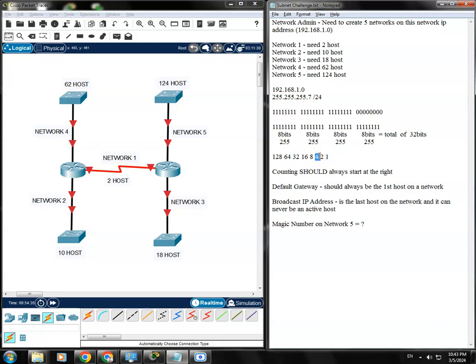So we need to use these numbers because 4 plus 2 plus 1 equals 7. So in the binary, this 1, 2, and 4 will all become 0, and then the rest will all become 1.